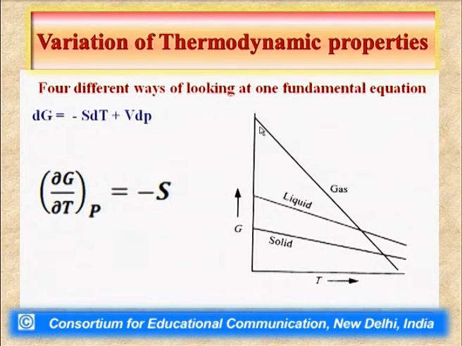You see, here we can see that the Gibbs free energy for the gas phase has the greatest slope. It means Gibbs free energy decreases very sharply with gases.